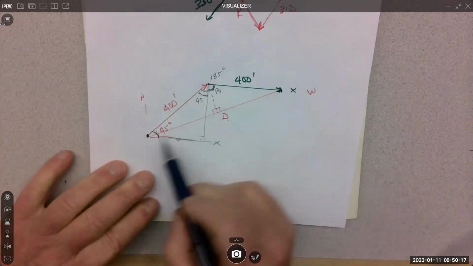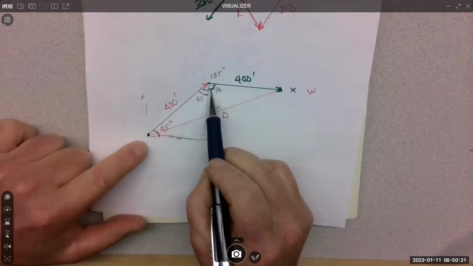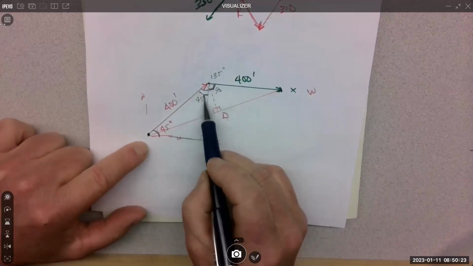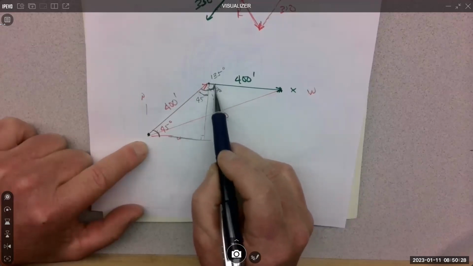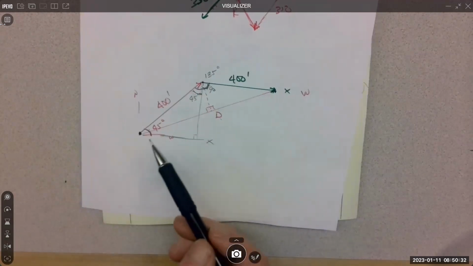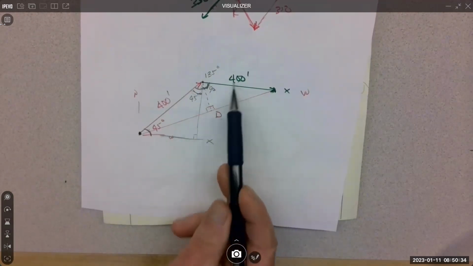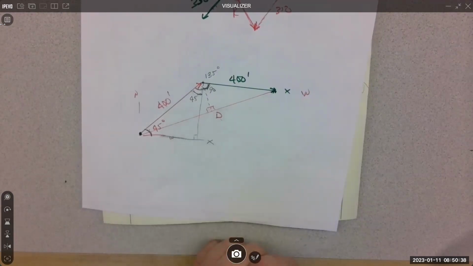We're not going to get this distance, but we could get this interior angle by dropping this. That's 45, that's 90, add those two, I get 135 for an interior angle. Now I have an interior angle, a side and a side. That's sine law or cosine law? Cosine law. Use all those sides.